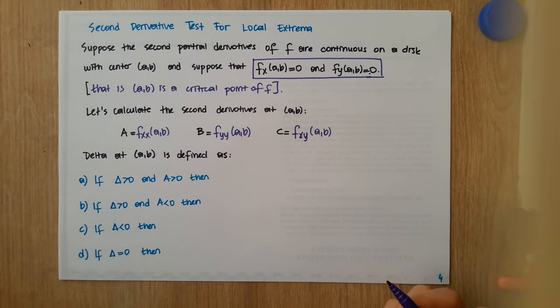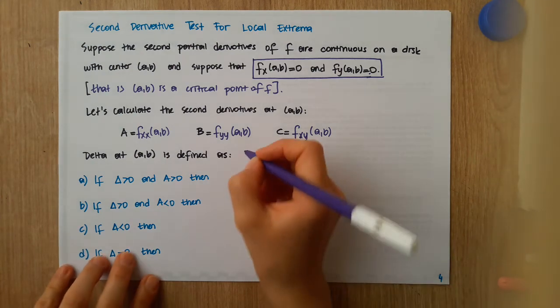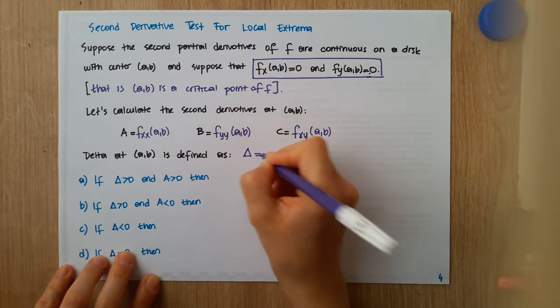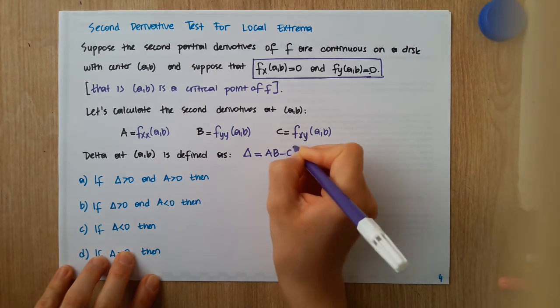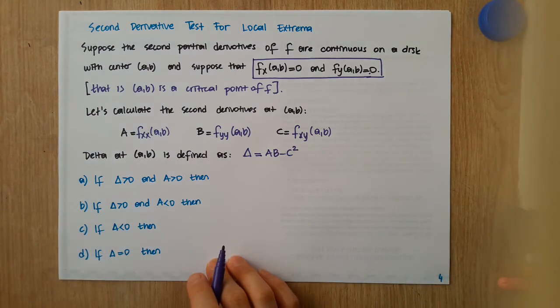So this is C. And I define a delta here. Delta equals AB minus C squared. Then, using these, I can decide local max, local min, and saddle point.